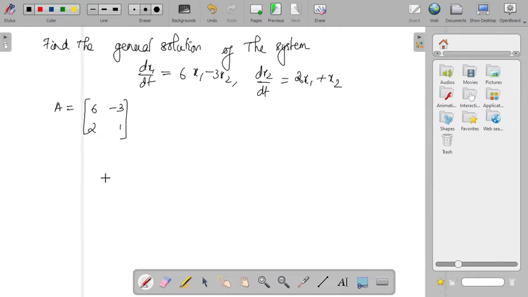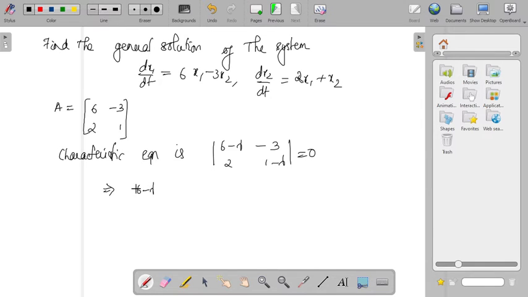So let us find the characteristic equation. The characteristic equation is given by the determinant of 6 minus lambda, minus 3, 2, 1 minus lambda equal to 0. That gives (6 minus lambda)(1 minus lambda) plus 6 equal to 0.